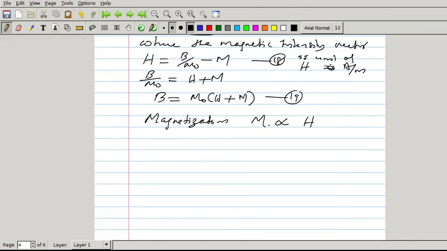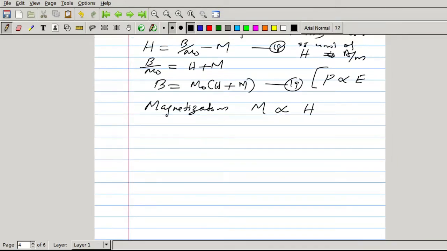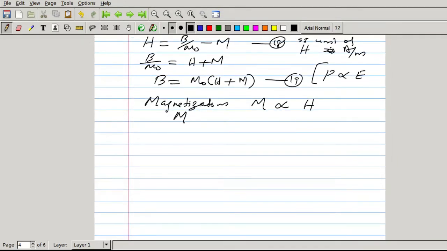Just like in the case of the electric field, where we wrote the polarization proportional to the electric field intensity, the magnetization is proportional to the applied field H. To change the proportionality sign, we multiply by a constant: M equals chi m into H.